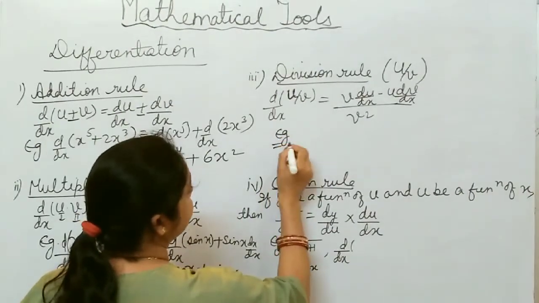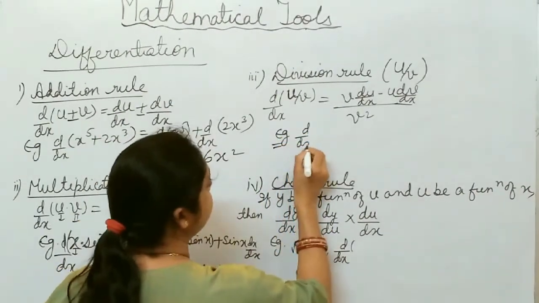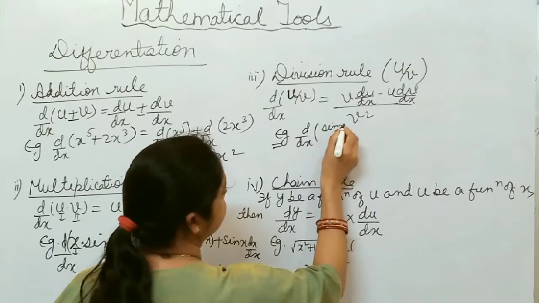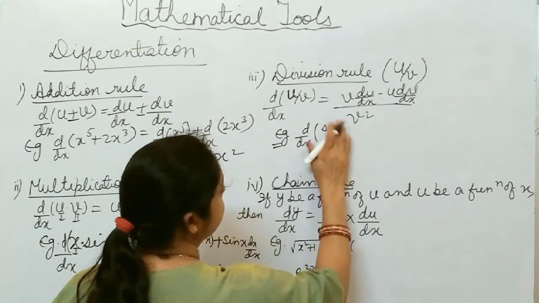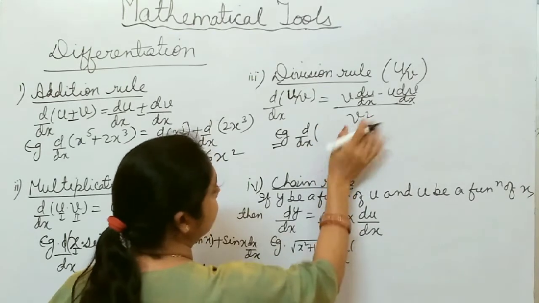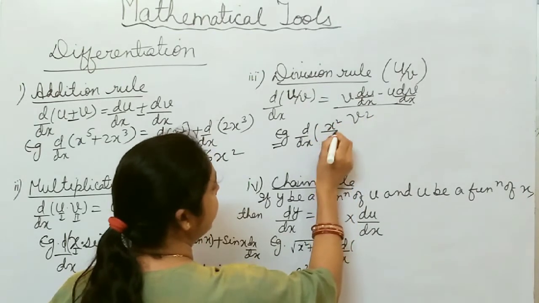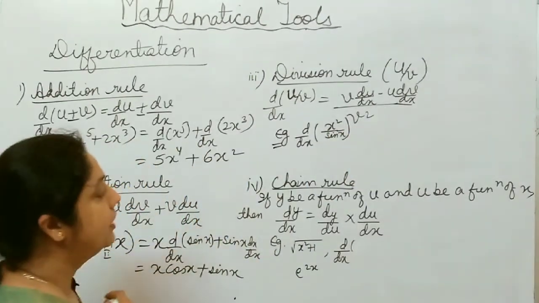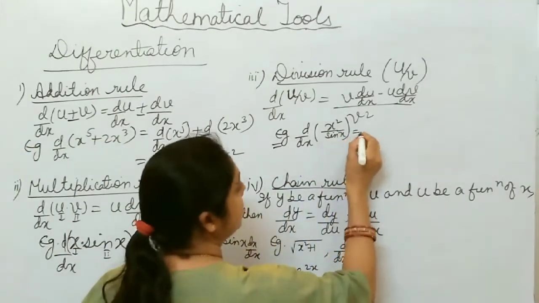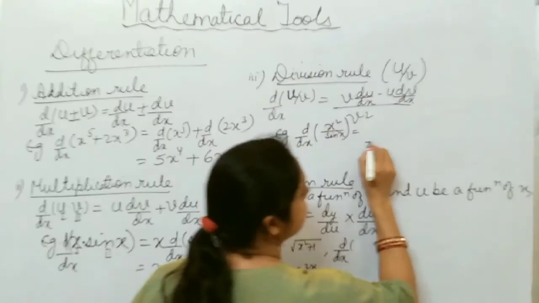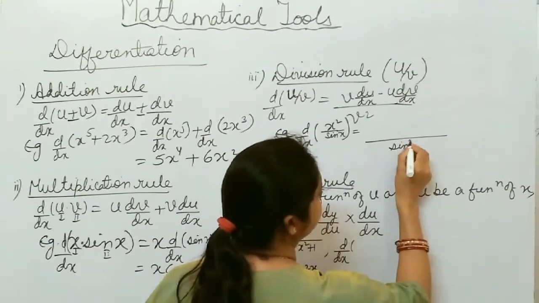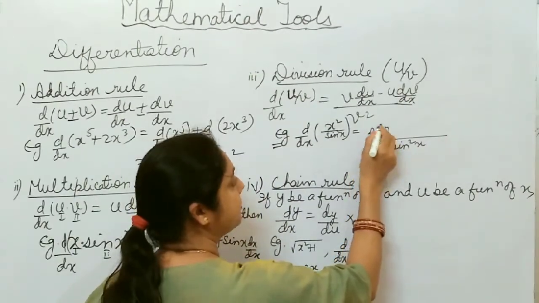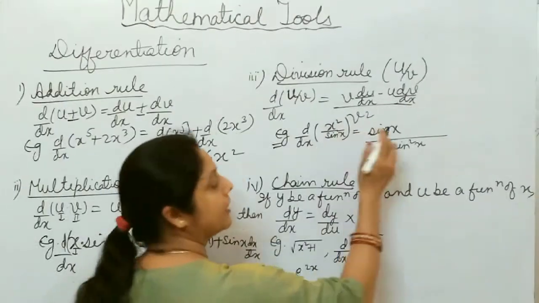For example, suppose d by dx of any example you take. Suppose in the numerator x square, by sine x. Sine x is in the denominator, right? Then how do you differentiate this one? In the denominator sine x is there, so you take sine x whole square, sine square x. Then here you write the denominator sine x and differentiate the numerator x square.